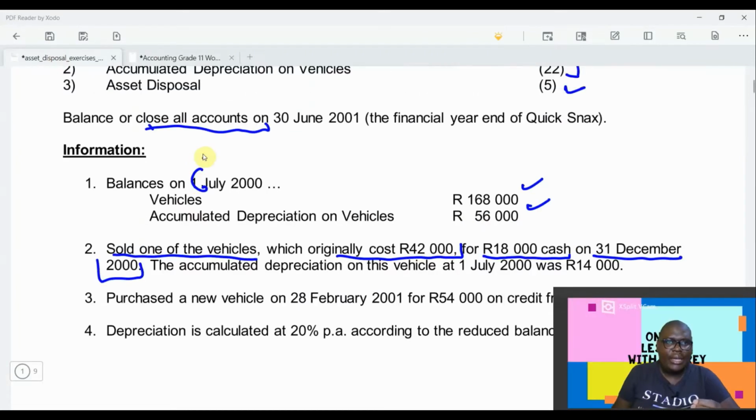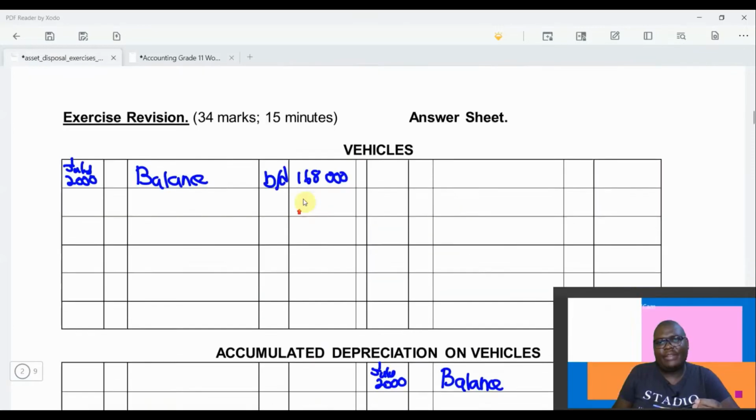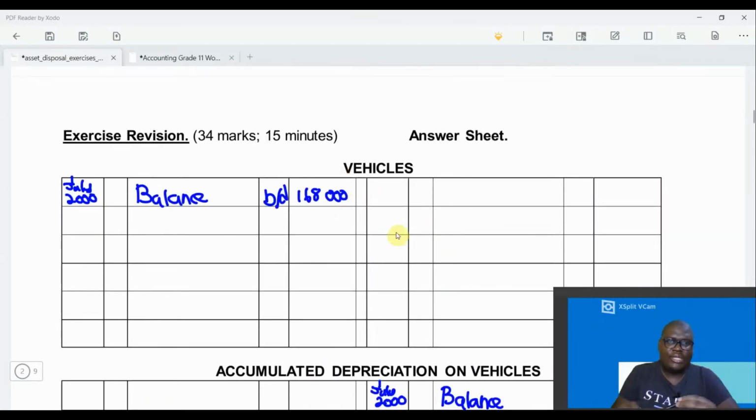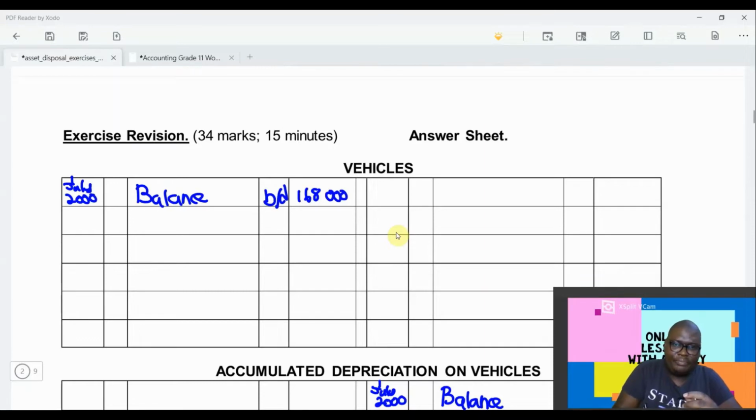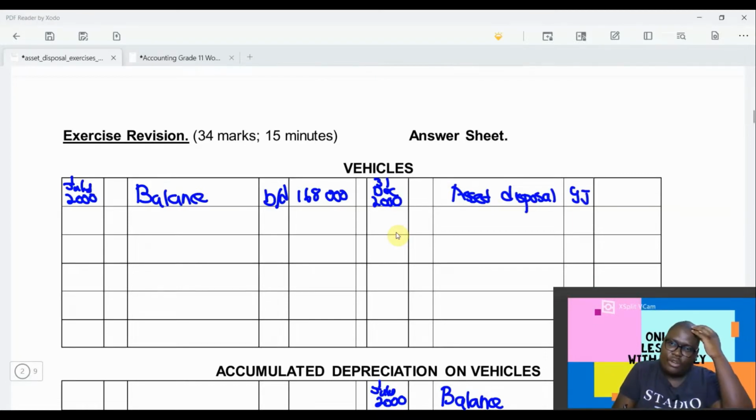Remember, we said that the vehicles account will be credited, so on 31 December 2000 we will have asset disposal. This information is from the general journal, and the cost price is 42,000. Okay, so we are done with the first part.